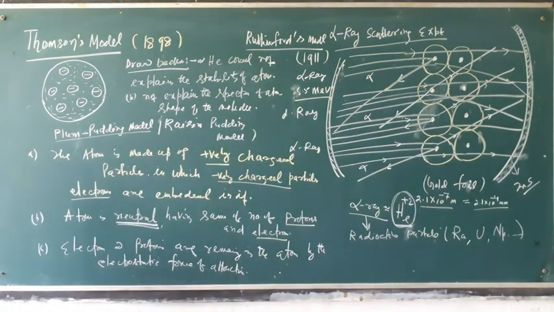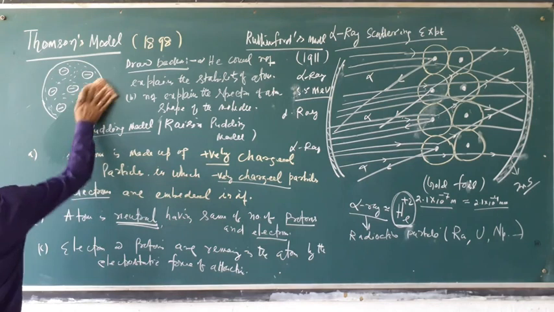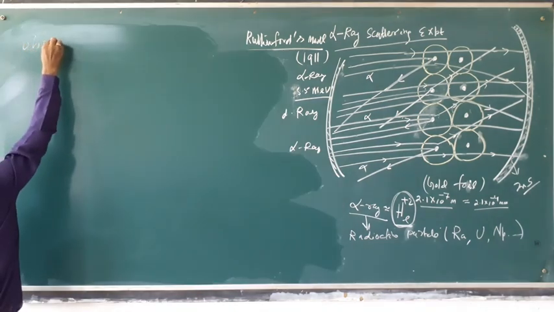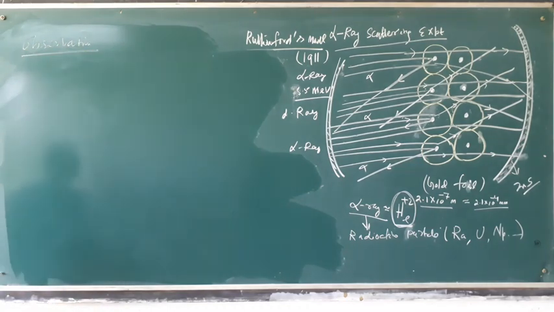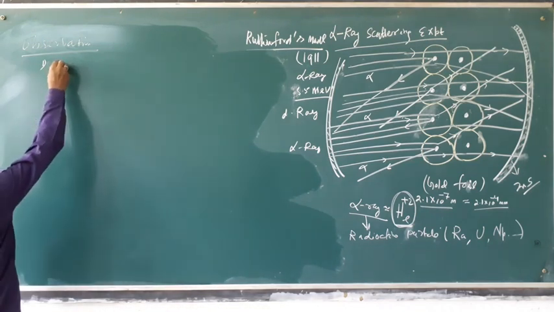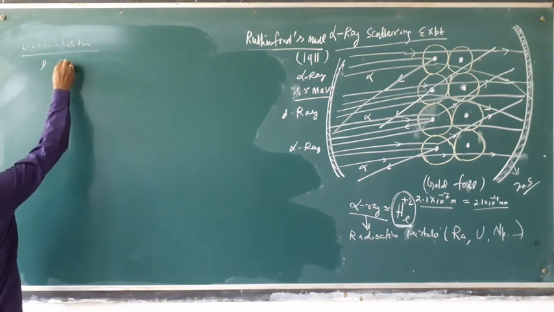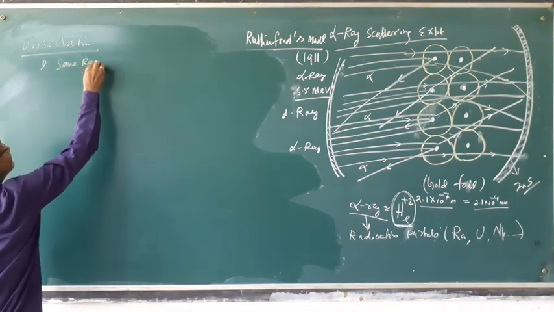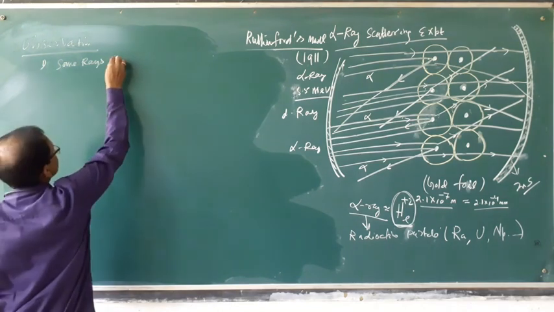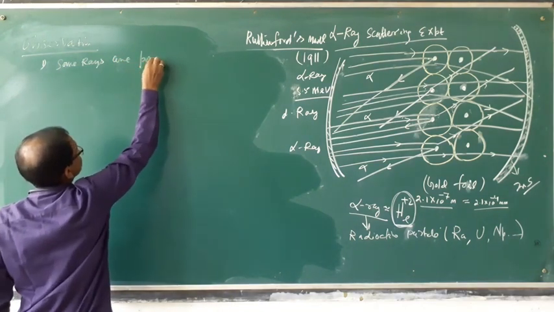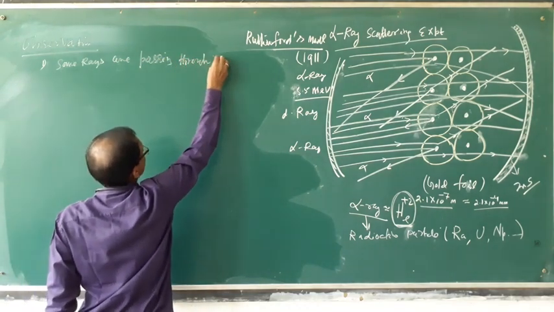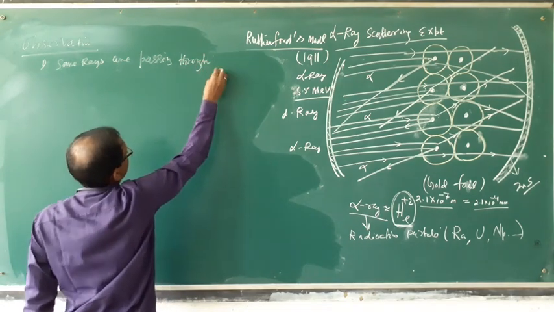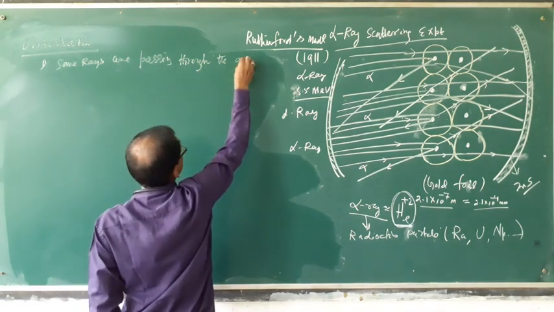The first observation is that some rays are passing through the gold foil.